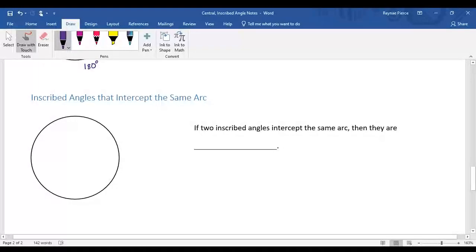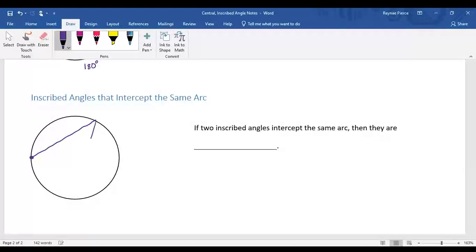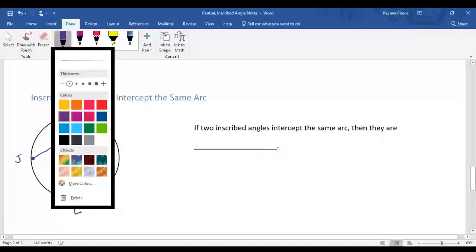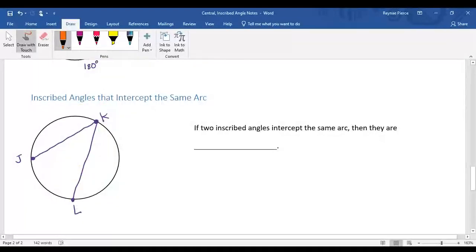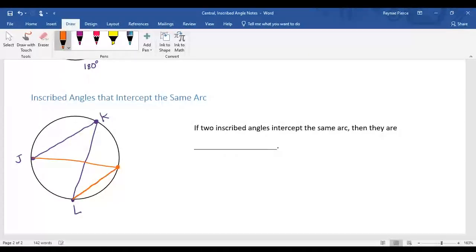Now, this next one, say I've got this inscribed angle right here. We'll call it JKL. Then we have a second inscribed angle that also intercepts arc JL. We'll say JML.